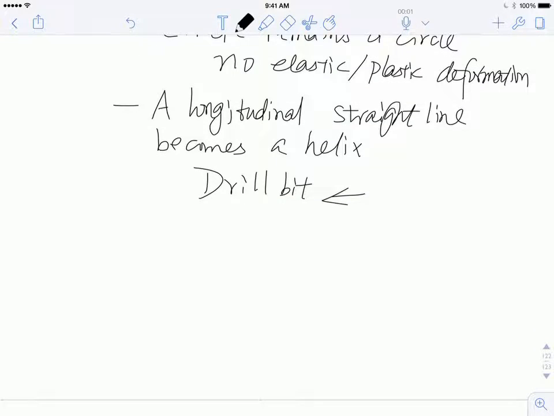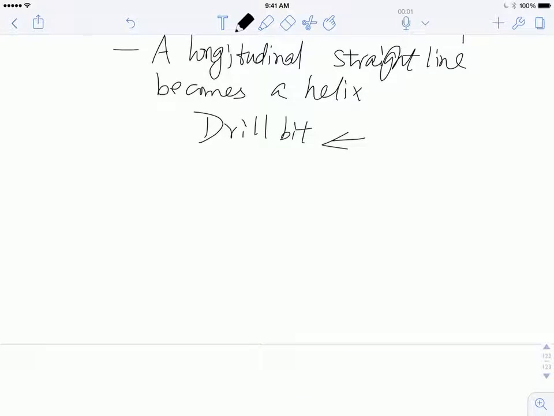There are lots of assumptions here, and I'll try to summarize some of them, and then I'll probably give you three examples, and then we should be able to know how we can quantify the torque and the torsion.